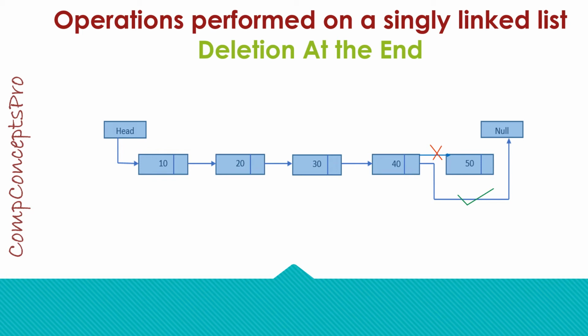So to complete this deletion, we have to traverse through the linked list and set two temporary pointers. One to the node previous to the last node, we'll call it temp1, and another one to the last node, we'll call it temp. After that we'll delete the last node temp.